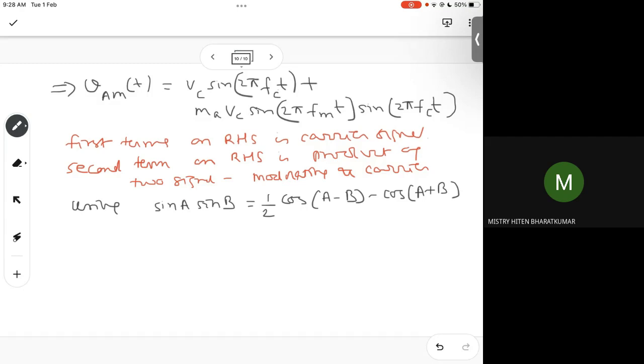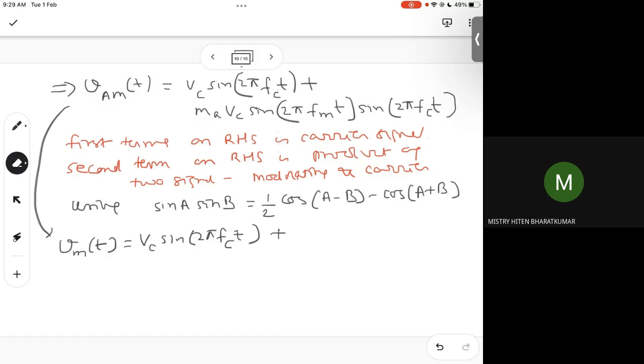If I use this identity, I rewrite this expression as VAM(t). The first term remains the same, which is my carrier frequency, sin 2πfct. But the second term will now split into two terms. So it will become plus ma Vc/2 amplitude cos 2π(fc minus fm)t.